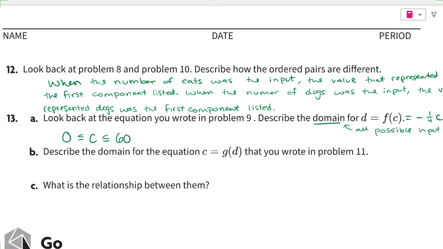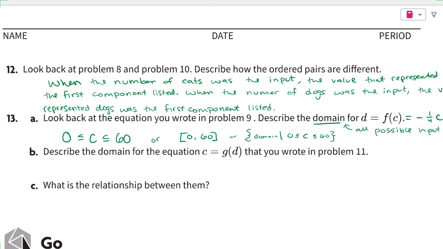Now, there's other ways to write this. You can write this in interval notation, right, 0 to 60. You could write it as a set, right? We could say the domain such that, and I'll use inequalities here in my set. You don't have to. There's other ways to do it, but I think it's a nice, quick way to represent it.